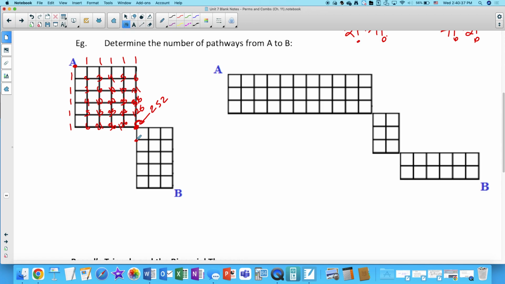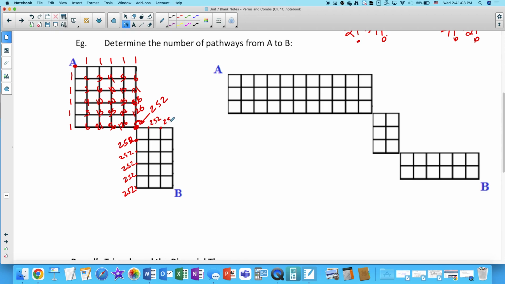There's one way from C, but there's 252 from here. So if we want to go here and here, it's 252 times 1. So all of these along the end of that second grid are 252, going in both directions. And same here.